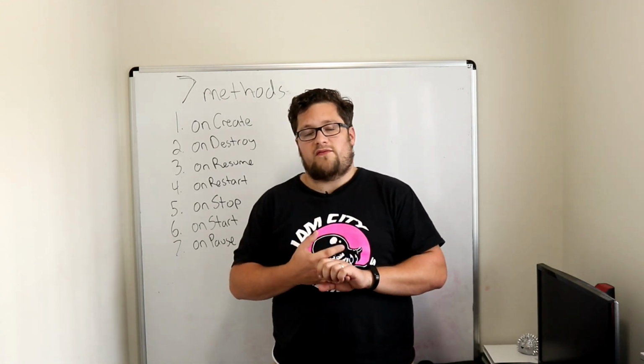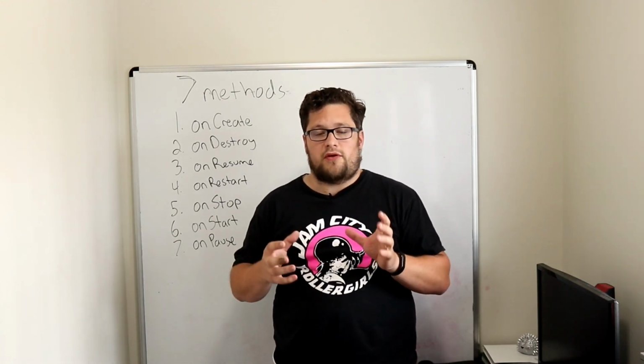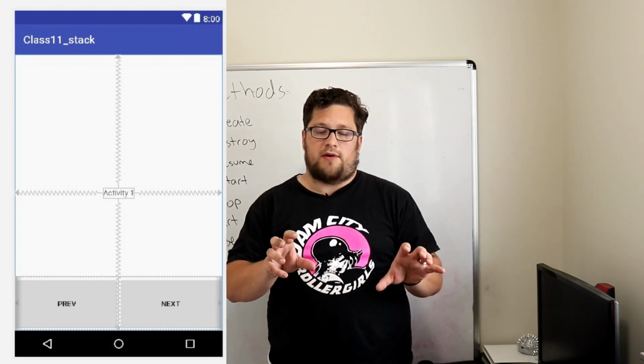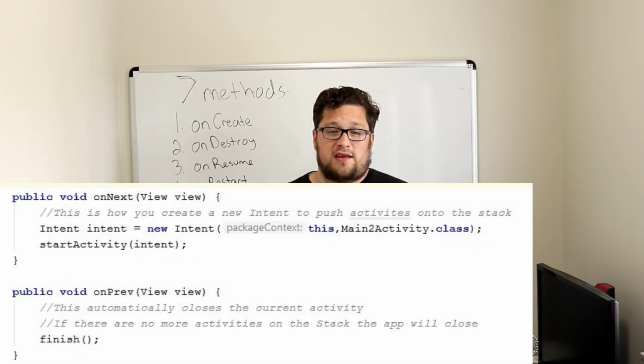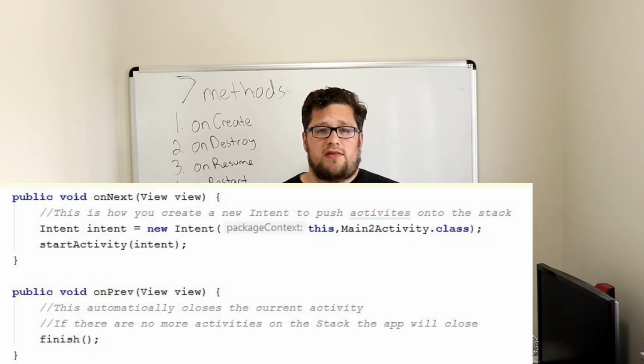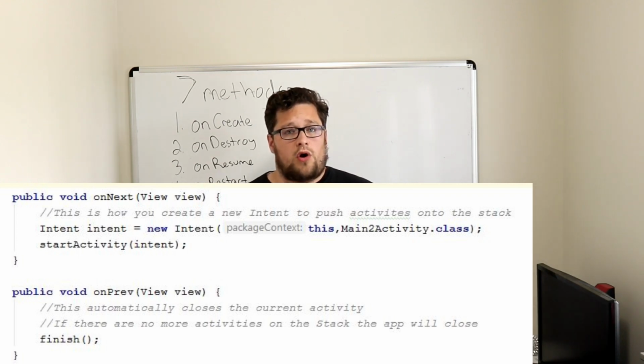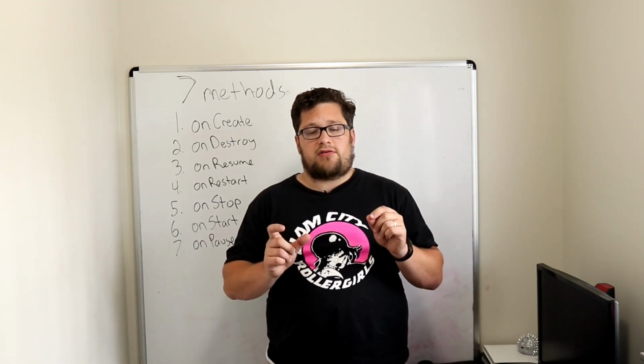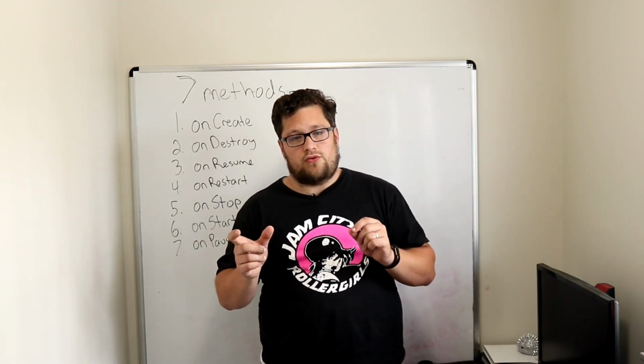You will see that I have a very simple layout on each of those 3 screens with an on previous and on next button. If you look at main activity.java, you will see that I've already done some setup for you to hook the on next and the on previous functions to the appropriate code. What you want to have happen is you want main activity, when on next is hit, to launch main activity 2.